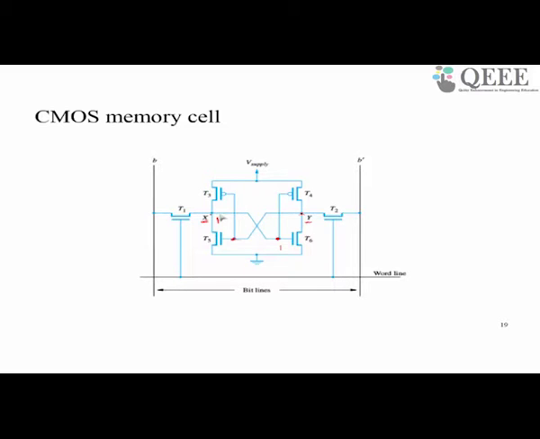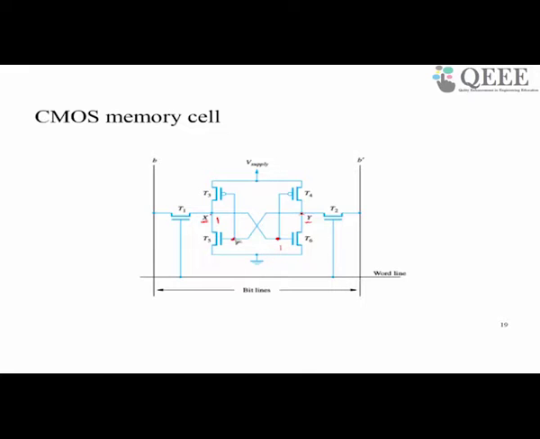So Y will become 0. Because this is 0, it turns off this transistor, but this one will become on and it is connected to V supply, and this will become 1. This is how the 1 is written. So it stores the value that is written into it. We will see how the writing operation can go on.